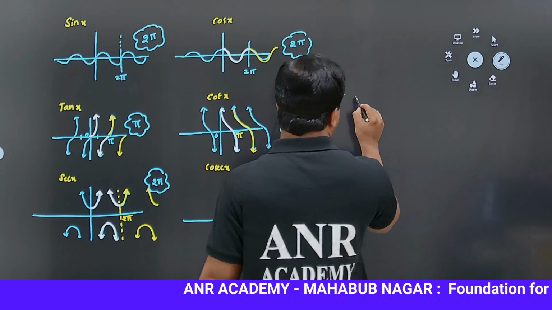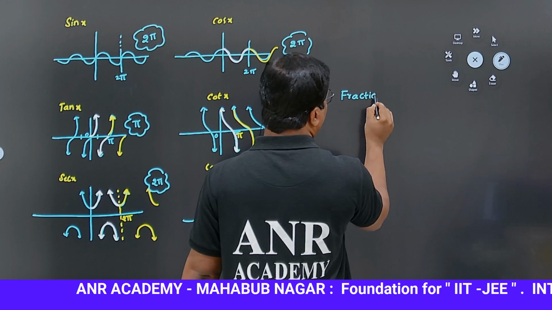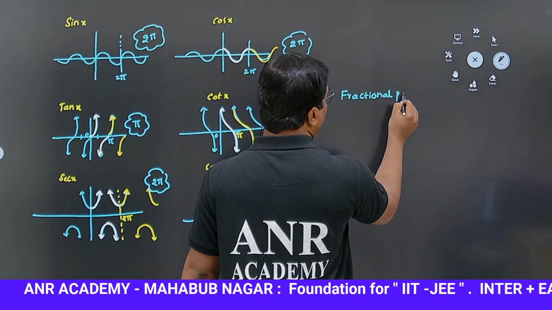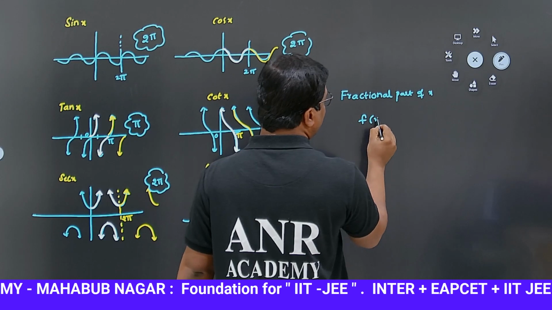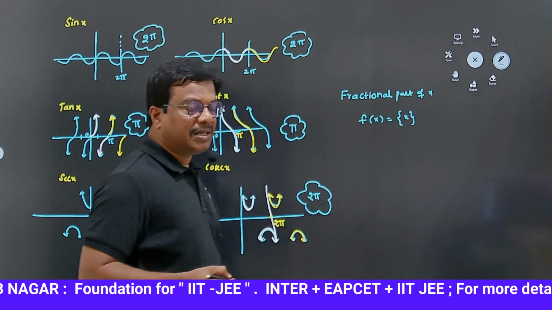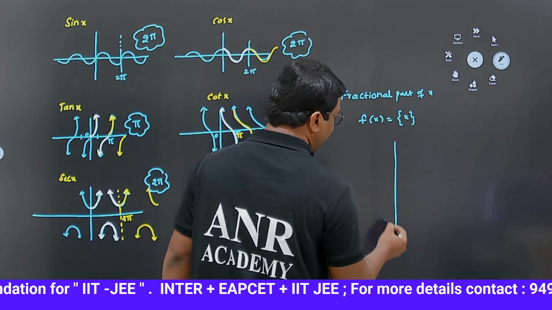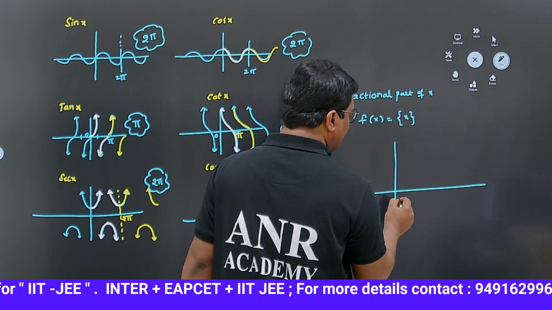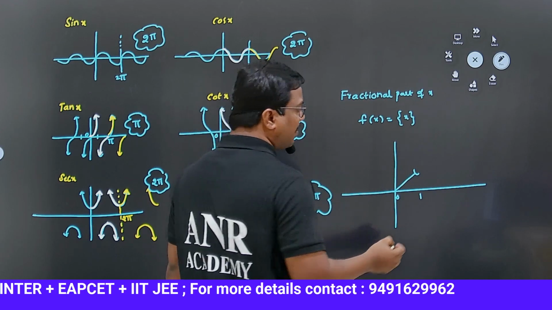You have another special function called the fractional part of a function. The fractional part of x is defined by f of x equal to x in braces, and the graph in the interval 0 to 1, this one, is the fractional part graph.